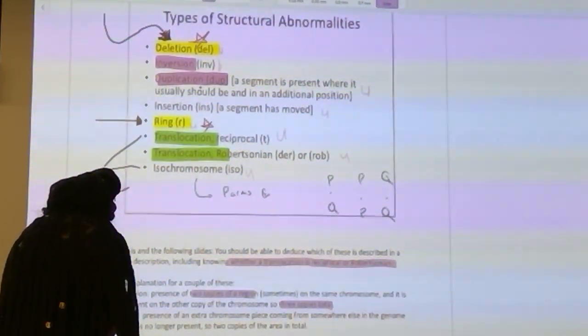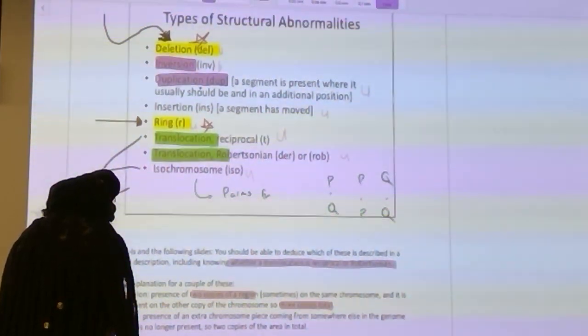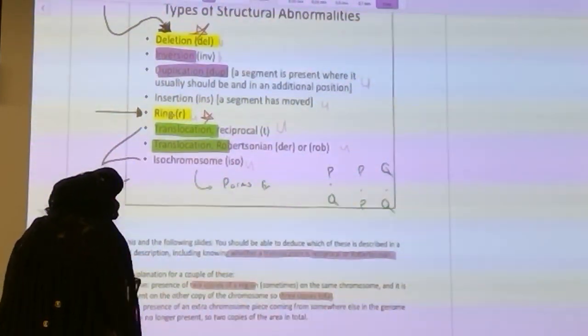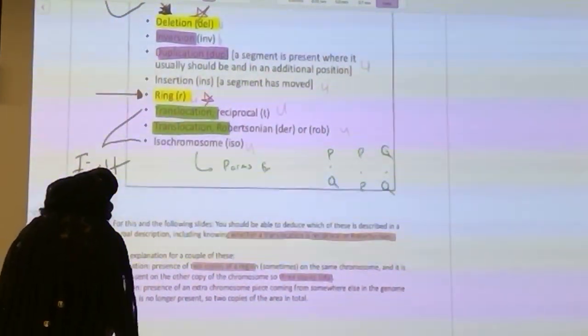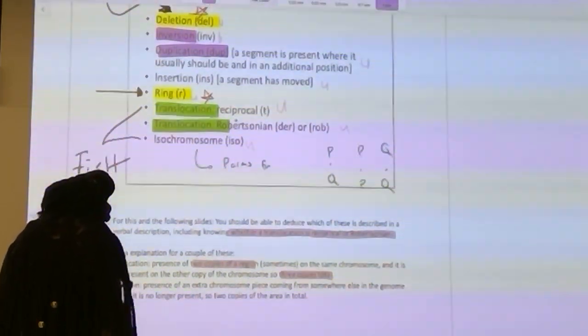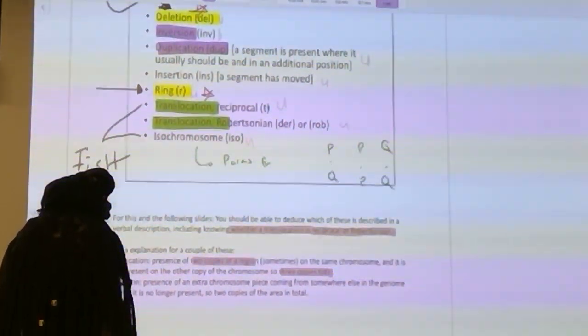Duplication, you see a chromosome that appears double in size, but the rest are normal. Insertion, you see a large chromosome, but then you see one chromosome that's shortened. Ring, no telomerase. Translocation, or reciprocal translocation. Like, you know about FISH? Never mind, just don't worry about these then.